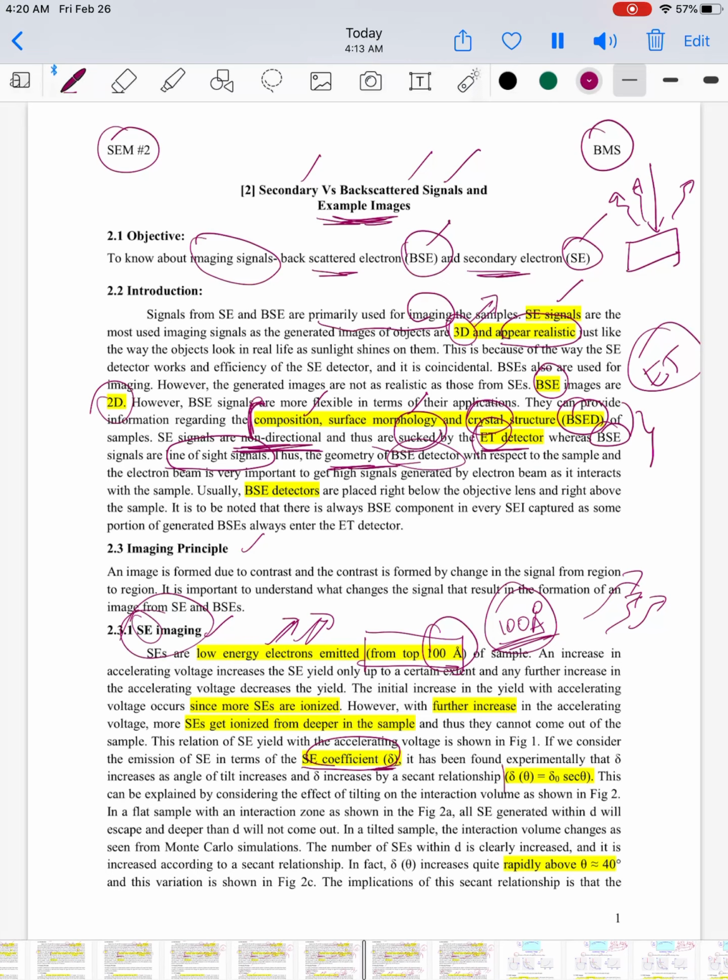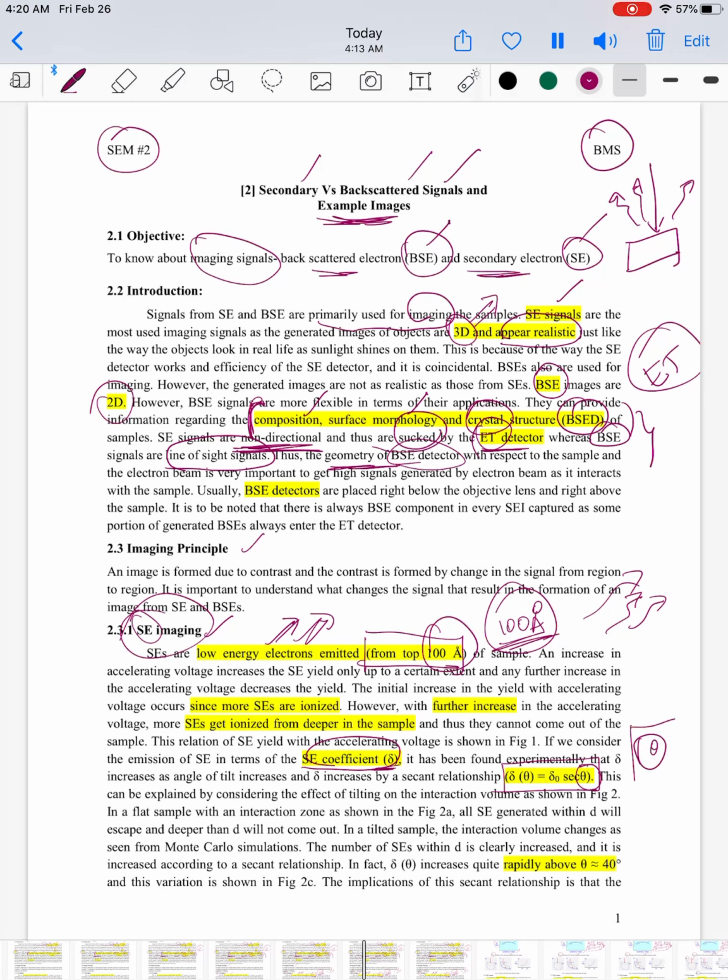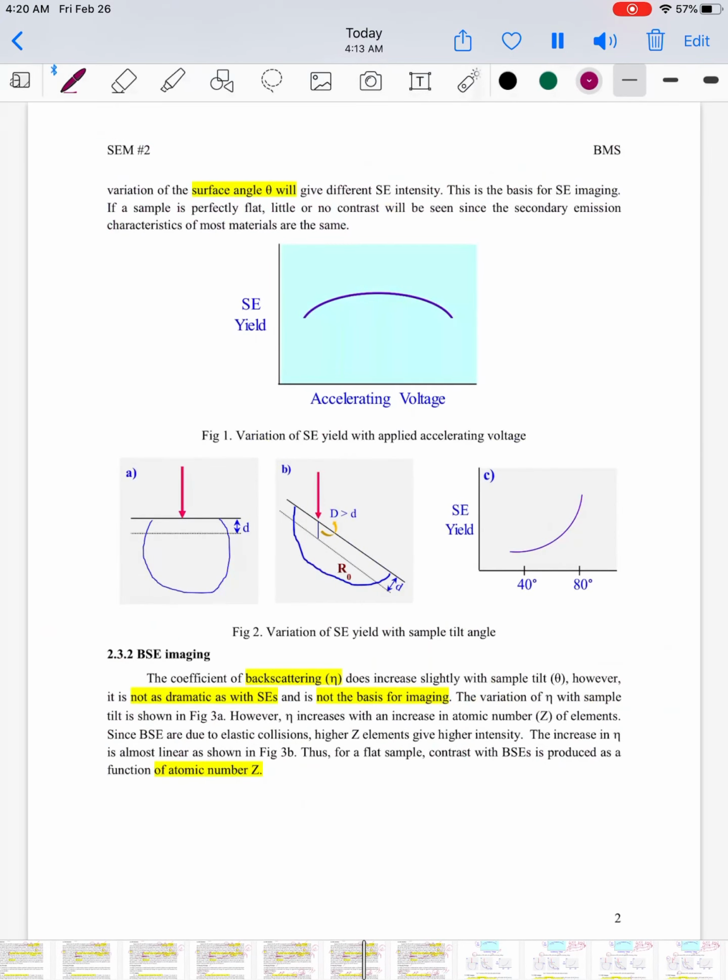This coefficient is associated with theta, the angle of orientation of the sample with respect to the electron beam. Theta is also referred to as the tilt angle, or the surface angle. We'll see directly in the figure on the next page what it represents.